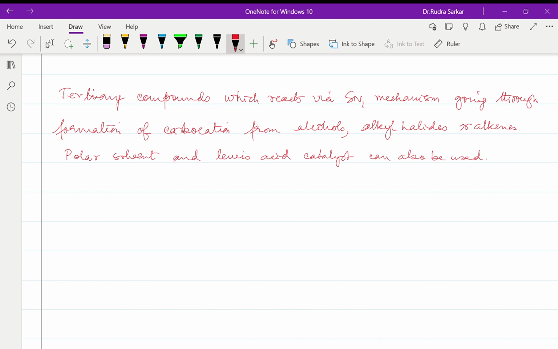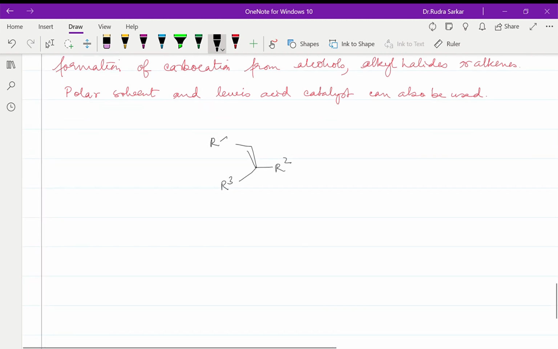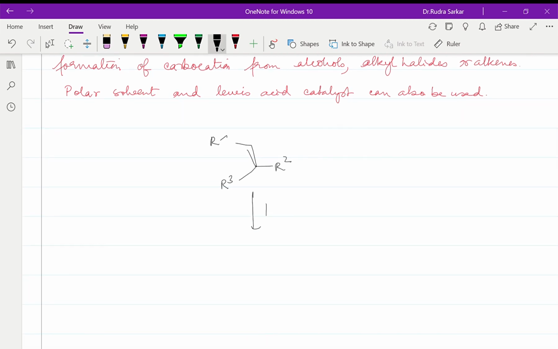So, scheme-wise, we can say now that we are having this type of an alkene. So, this is R1, this is R3. In presence of an acid, it will form the carbocation as I am showing.